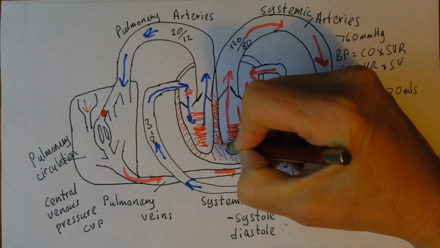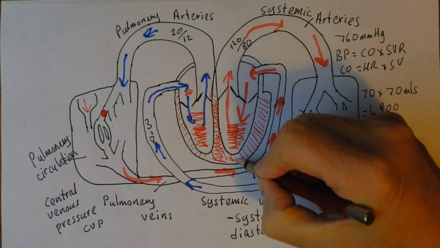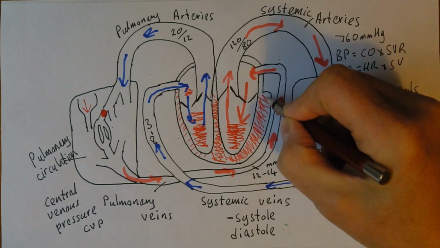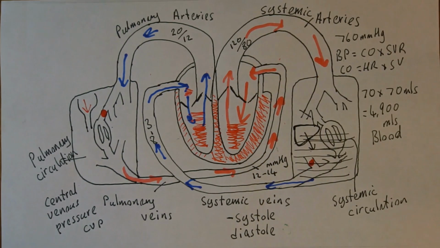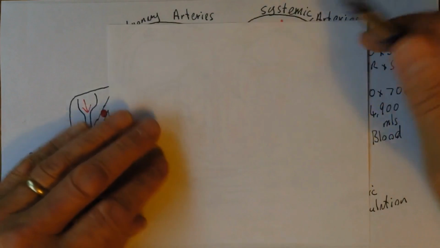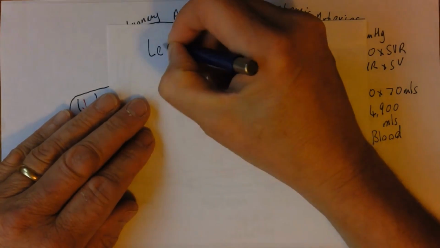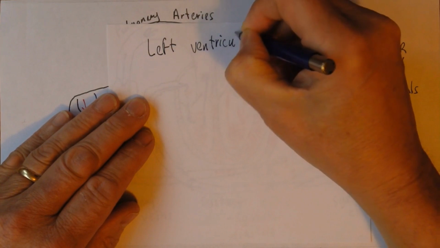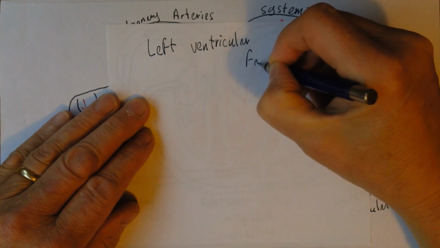So here we have the left ventricular myocardium, thick myocardial tissue. And this can fail, causing left ventricular failure. Failure of the left ventricle.